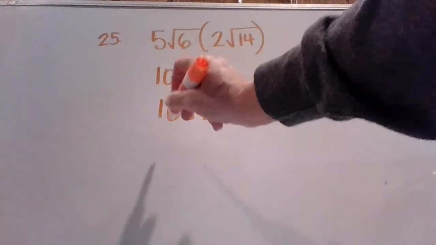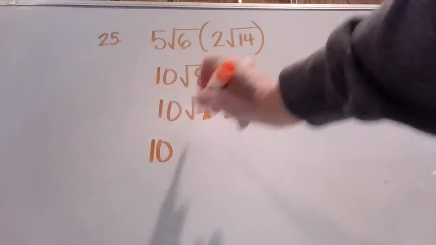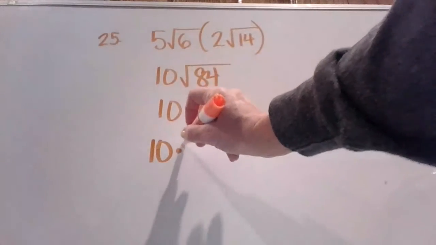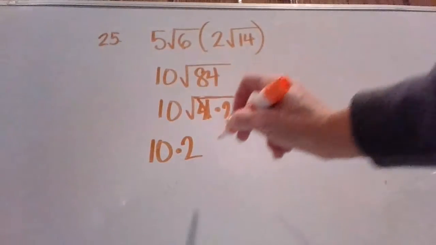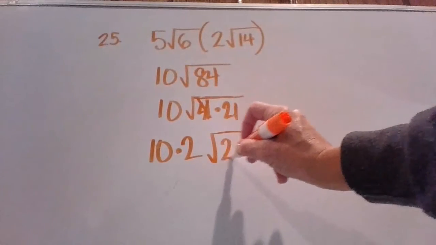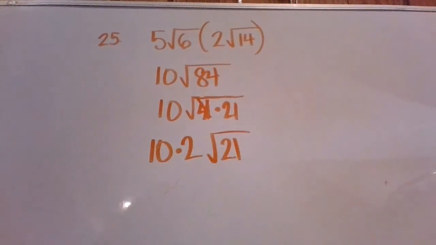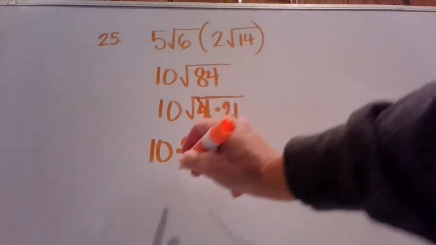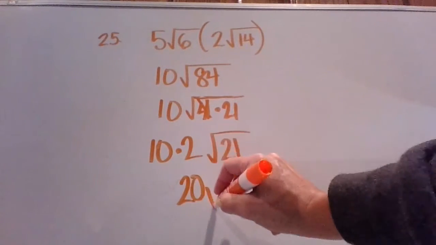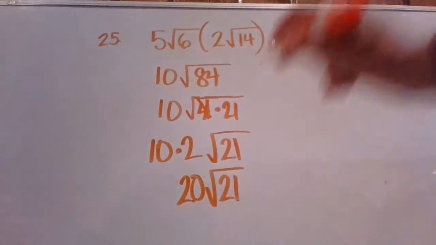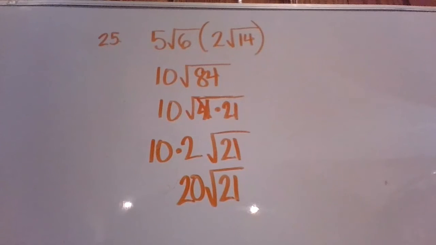So, I get to mark that out. Well, it gets to go to the outside. When it goes to the outside, that means it's going to get multiplied to this 10. So, then the 21 is left over. It has to stay on the inside. So, then 10 times 2 is 20. And then on the inside still is that square root of 21. So, that's the answer on that one.